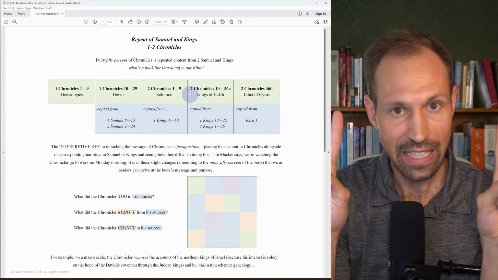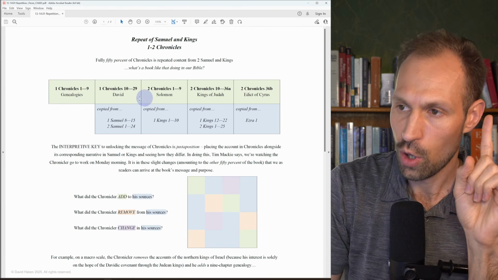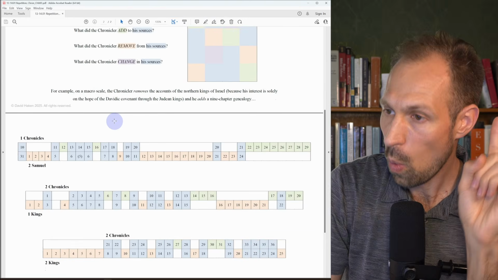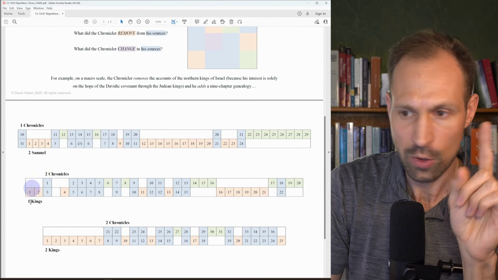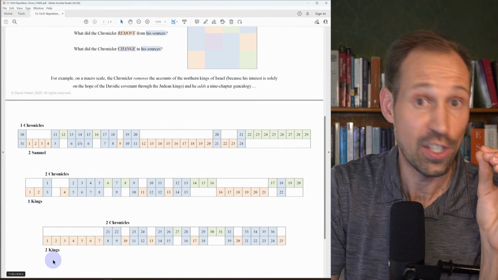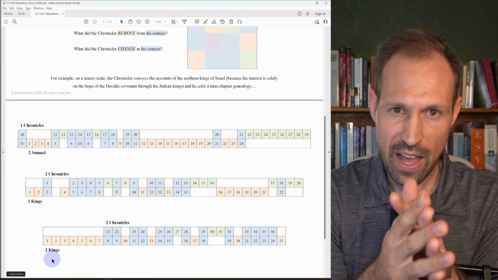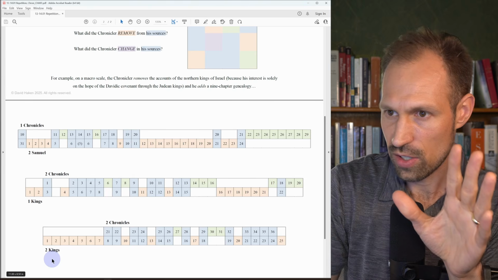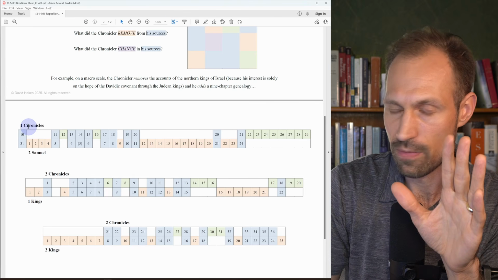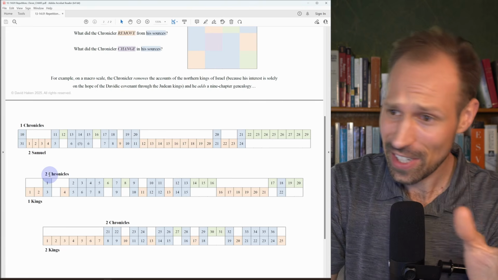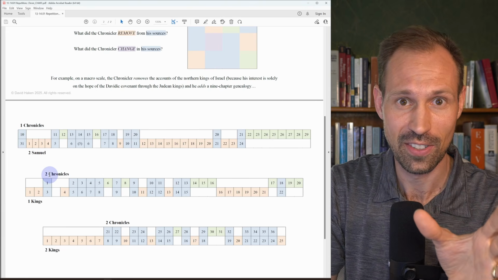Now, the word Levite is going to occur one time in 1st Samuel. It will occur one time in 2nd Samuel, twice in 1st Kings, and 0 times in 2nd Kings. Guess how many times Levite occurs in 1st Chronicles? 48 times, and then another 65 times in 2nd Chronicles.